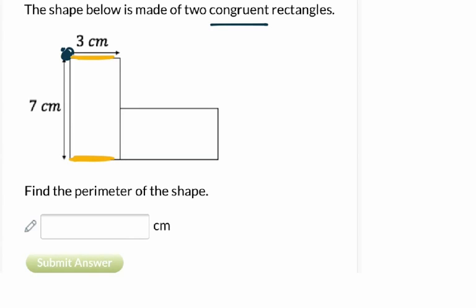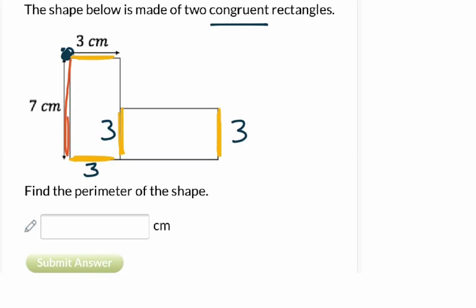So I'm just going to write 3 along there. Looking at the rectangle that's lying down, this is the width of the rectangle that's lying down, so that must be 3. And this one is 3 as well.